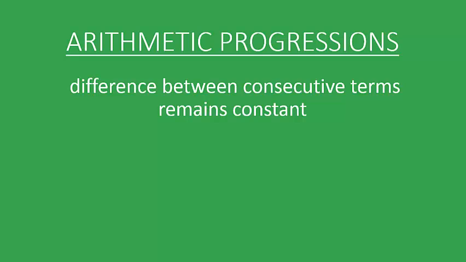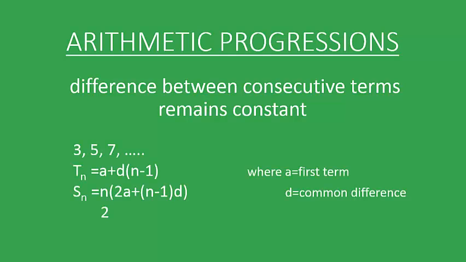That is to say, for example, if we consider this particular sequence, then the difference between the first two terms is equal to 2, that is 5 minus 3 is 2. The difference between the next two terms, that is 7 and 5, is also 2, and so on. If we move on to calculate the further differences between the consecutive terms, we note that the difference comes out to be constant, which is equal to 2. So we note here that it's an AP.